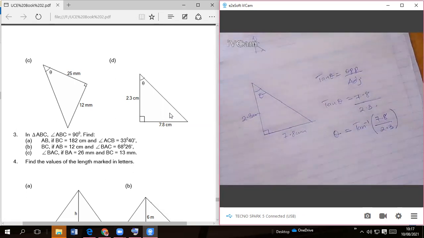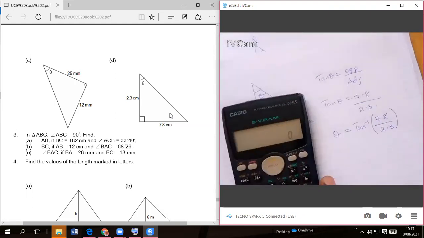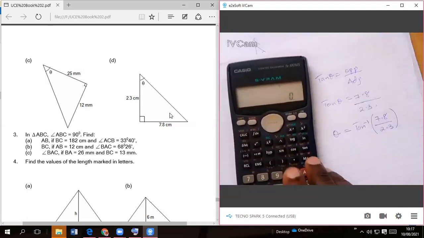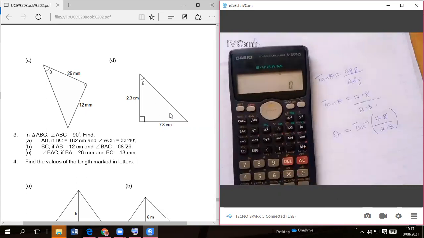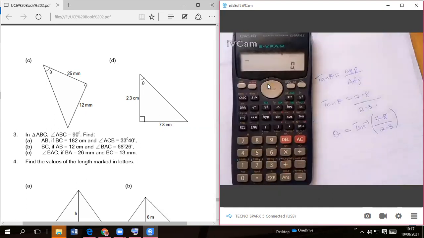So you pull out your calculator and you want to get the tan inverse of that. Follow very well how I'm going to press that on the calculator. First press 7.8, and then you divide by 2.3, then press the answer.